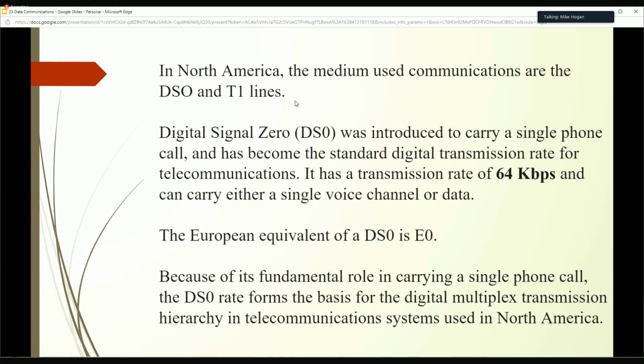The DS0 is the baseline that we're going to use as we continue to move forward, and we look at some of these larger bandwidths that we can use to carry more data. But you can typically roll it back and talk about 64K and how many channels of those DS0s you can have, right?